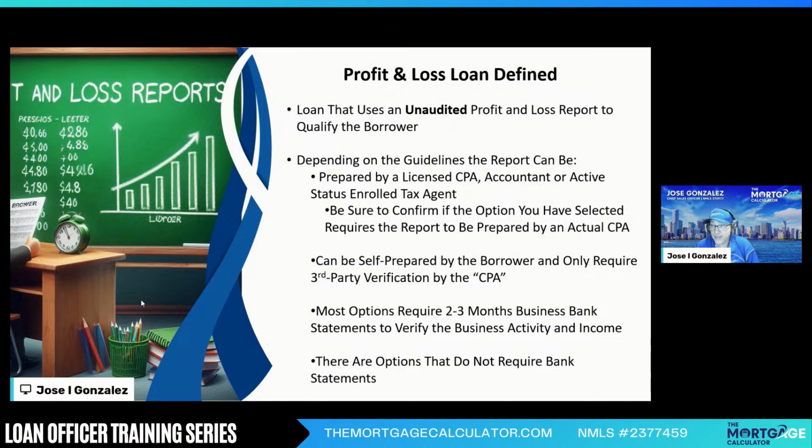So please make sure you review the guidelines to confirm what is required regarding the bank statements. Because if the reason you're using P&L is because a borrower has a lot of overdrafts, and now they require the last 2 months of bank statements and they have overdrafts, your deal is going to be in jeopardy.